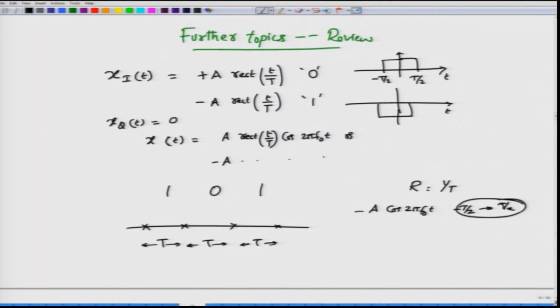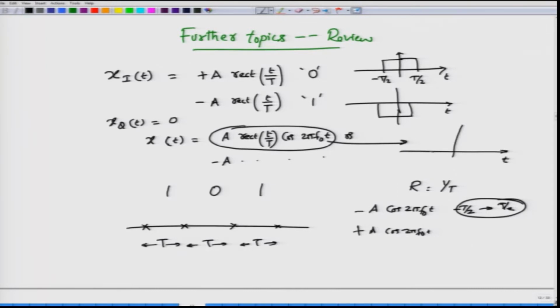Essentially, over one time duration you are either transmitting minus a cos 2 pi f 0 t, which is a time limited function, or you are transmitting plus a cos 2 pi f 0 t over the same time limit that you are looking at.